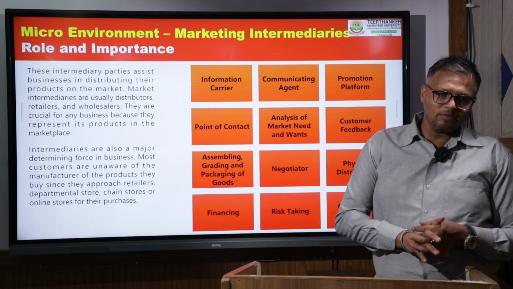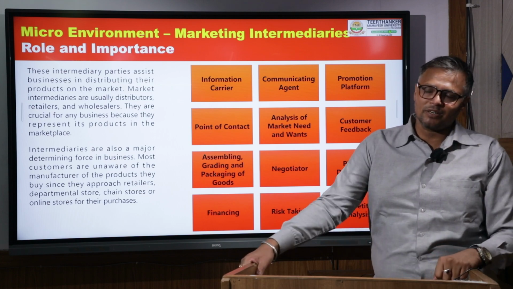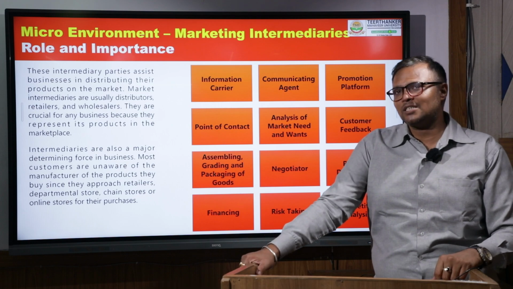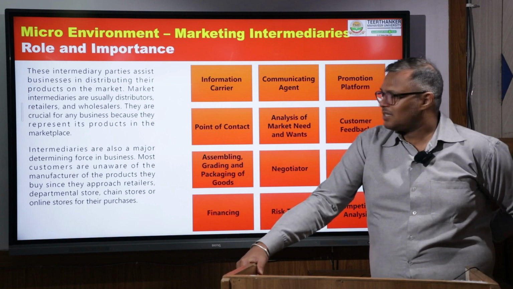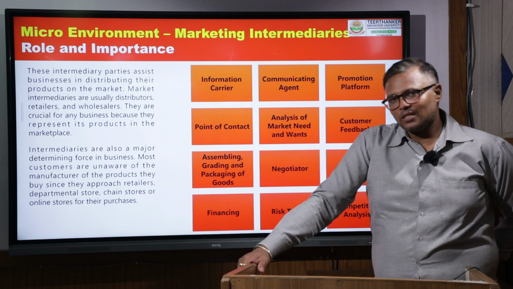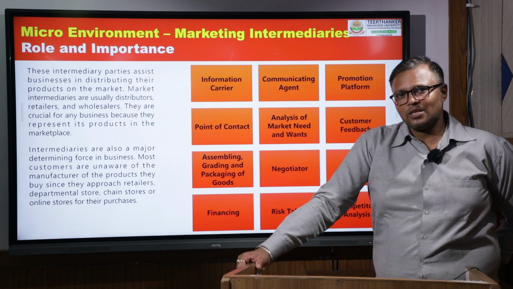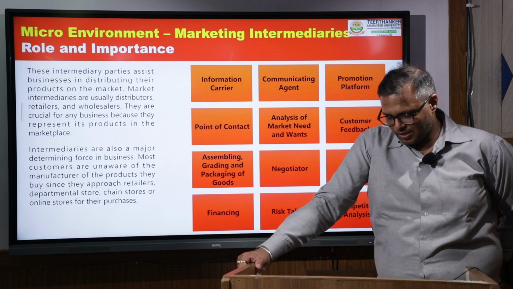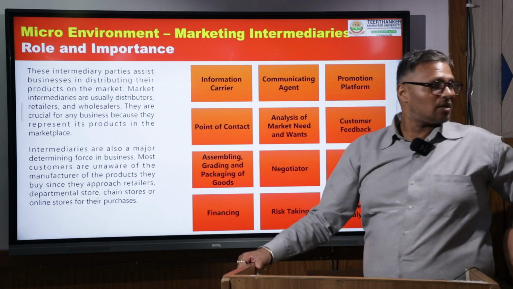An information carrier means any channel partner, whether a broker, a retailer, a wholesaler, an agent, or any other party in the process, who plays an important role of carrying the information. They take the information based on their own capacity, and that capacity has a very strong impact on the organization.